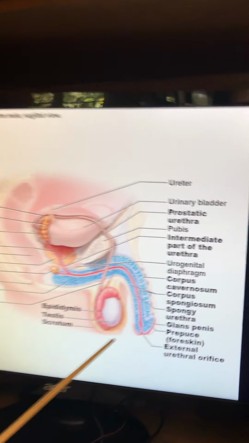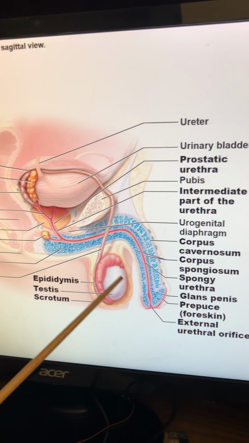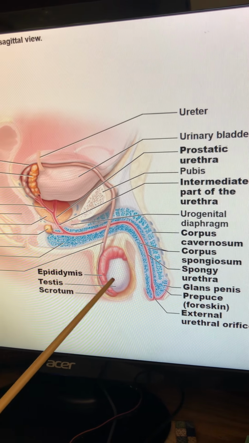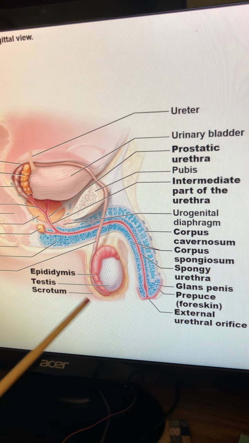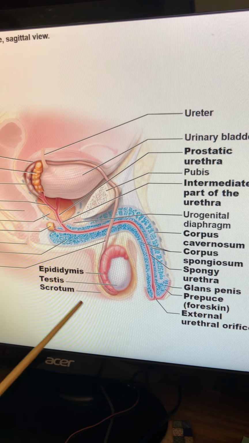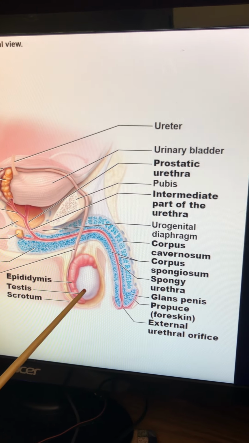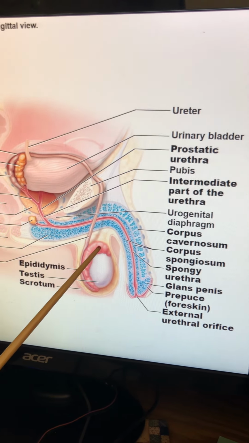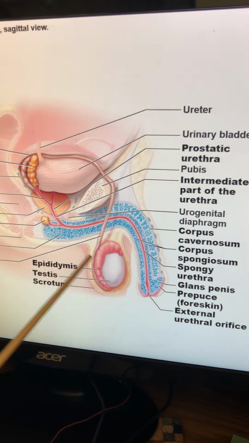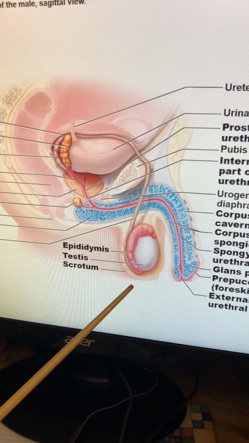So here is the scrotum here, and inside of the scrotum is going to be the testes. Inside of the testes is going to be the seminiferous tubules that will make the sperm, and I'll show you that picture a little bit later. After you look at this, there looks like this comma-shaped thing on top of the testes, and that basically is called the epididymis.